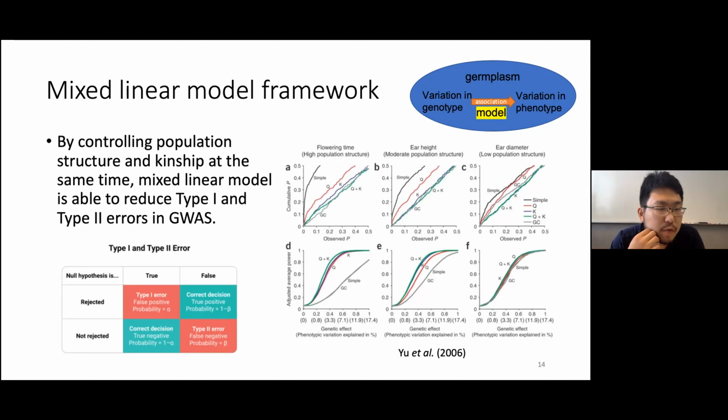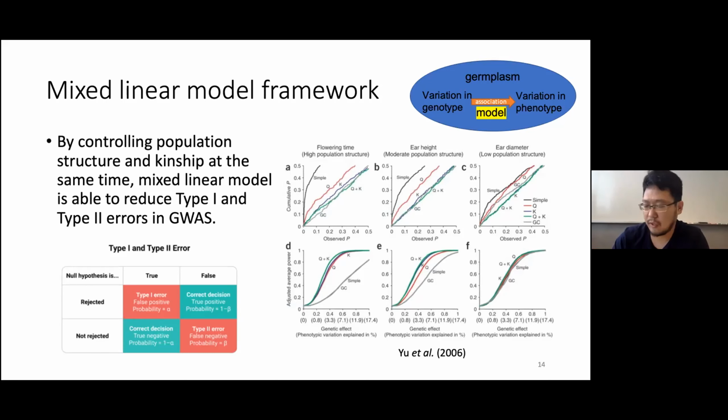What is the difference between a random effect and a fixed effect? This is a hard question to answer because the mixed model is a whole new topic, so I don't think we have time to cover that. But in general, a fixed effect is something you know has an effect on your experiment, and random effects are the ones you're not sure are affecting your experiment.